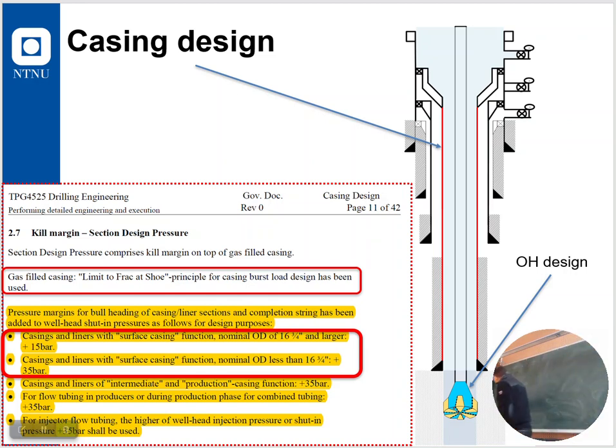Then we just say that the cement is up here until here. All right. And you also have a fracturing gradient here.